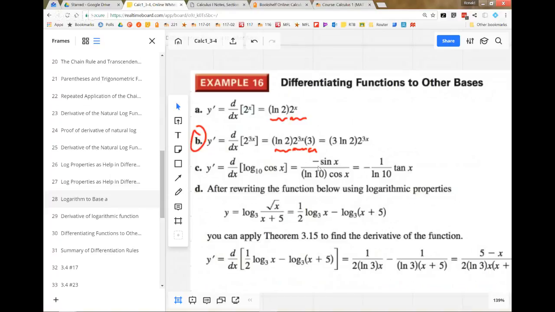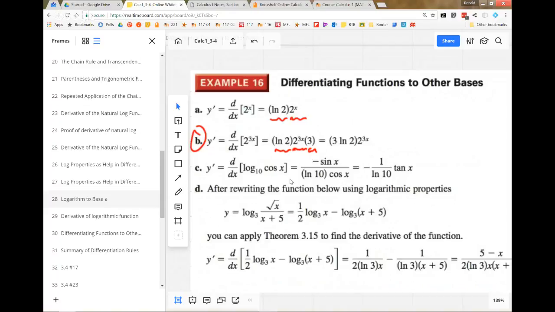All right, let's take a look at part C. So what if we want to take the derivative of the log base 10 of cosine of x? Because we're taking the derivative of a log to a different base, we have to divide by the natural log of the base.